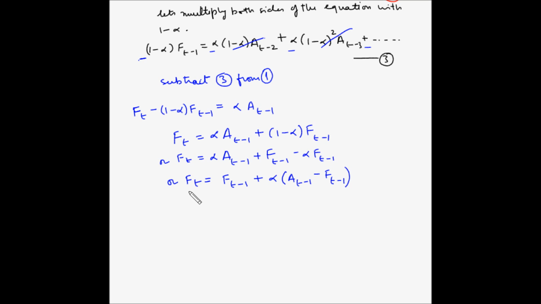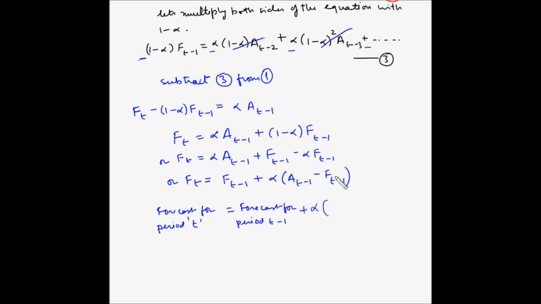So what this means is forecast for period t is equal to forecast for period t minus 1 plus alpha multiplied by, now for period t minus 1, the actuals minus the forecast.